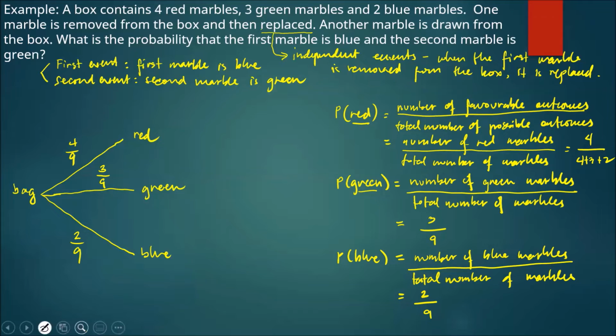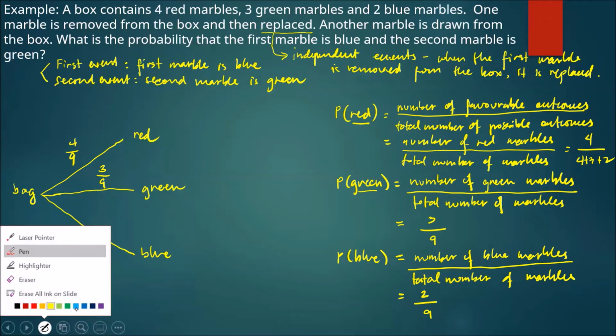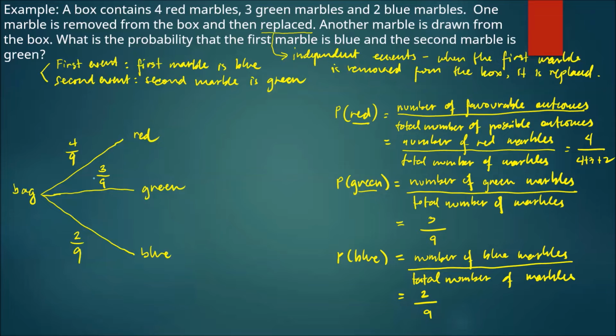Now, note that the sum of joined branches, so we have 3 branches, right? And the sum of these joined branches, what is the sum?